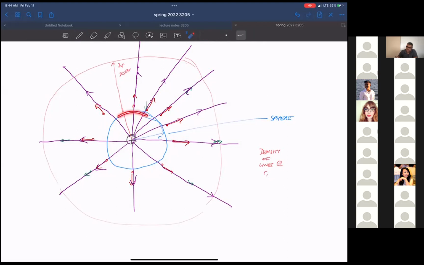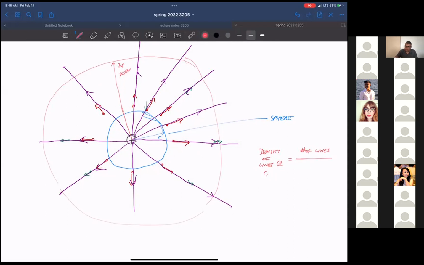What's the density there? It's the total number of lines divided by the surface area of this sphere. So if I have a certain number of lines coming out, I want to know the density at this sphere, I divide the number of lines by the surface area of the sphere.